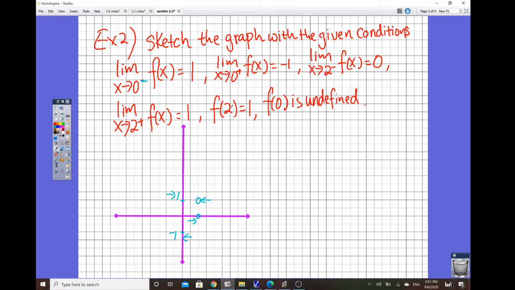So if there's another defined situation, f of 2 is 1, that means at this position here, instead of being an open circle, it's going to be considered a solid circle, because the point is defined here at x equals 2. But down here on the bottom, you consider an open circle. And then f of 0 is undefined. So that means for those two, they must be considered open circles.